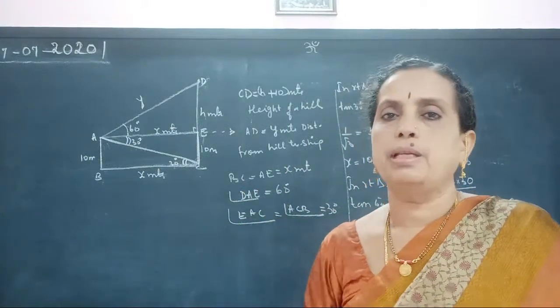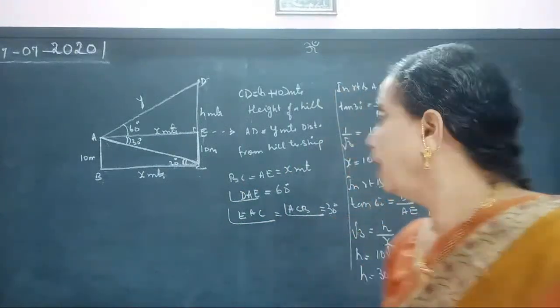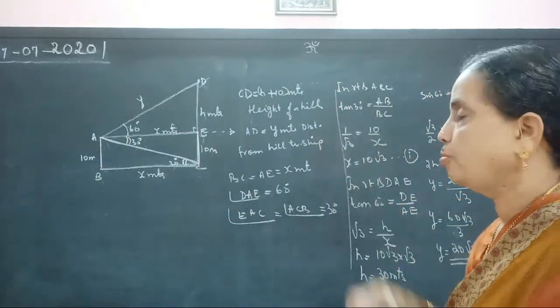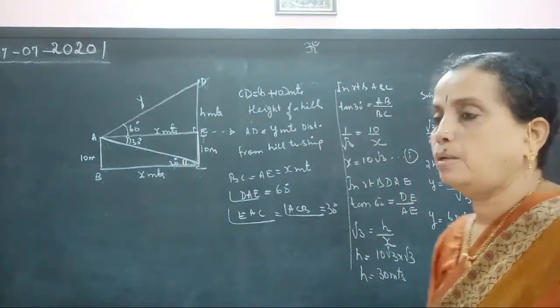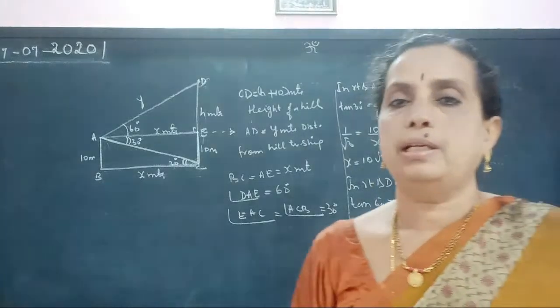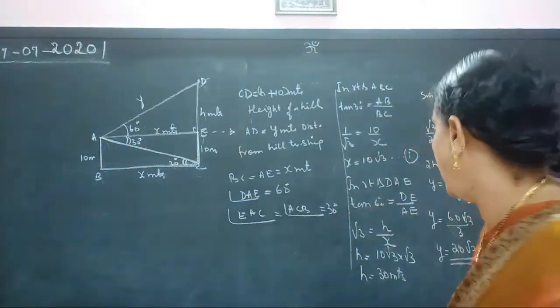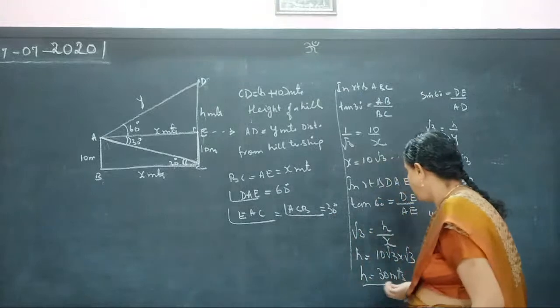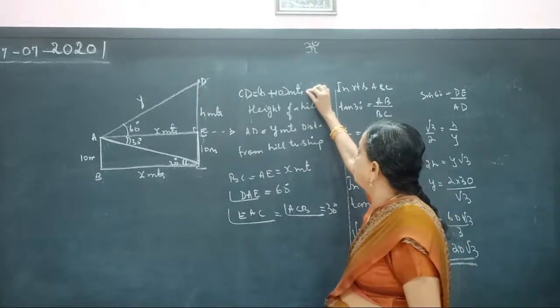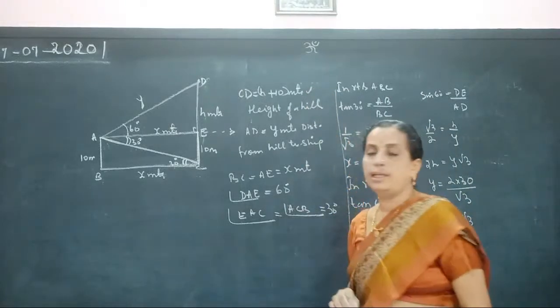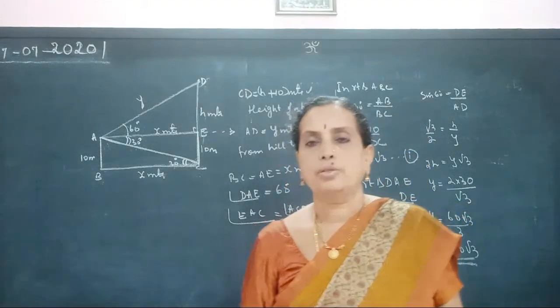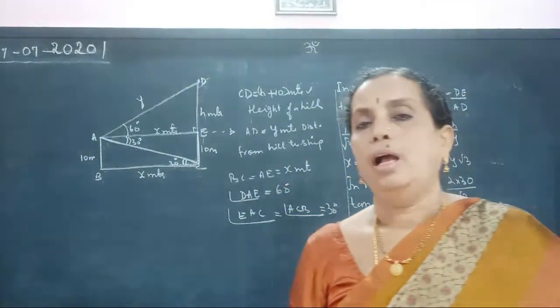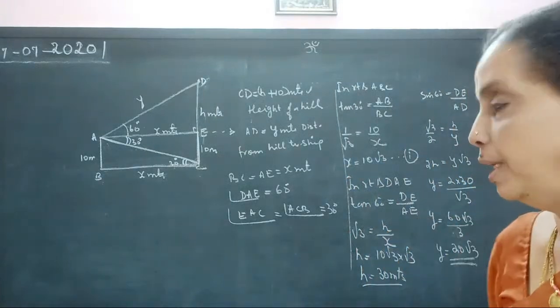From base we have to show the height of the hill as h plus 10, that is 30 plus 10, 40 meters. Is it clear? So here I have h is equal to 30 meters only, but in the beginning I am showing height of the hill equals h plus 10. So your final answer is height of the hill is 40 meters.